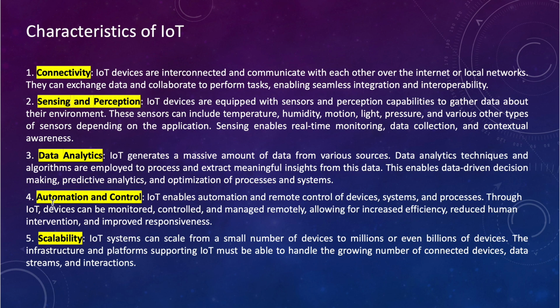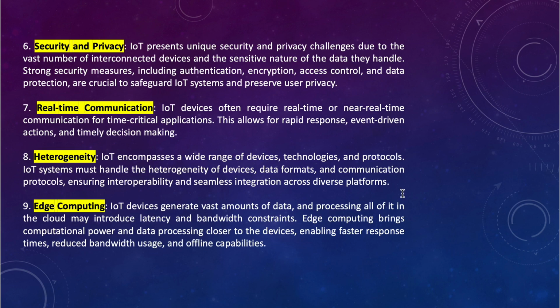That is why automation and control, scalability, security, and the rest come in. We also highlighted edge computing and heterogeneity, mainly for balancing out the processing of the large amount of data being created. Heterogeneity shows that these IoT networks would be so vast, with so many devices, that compatibility will also be a characteristic.